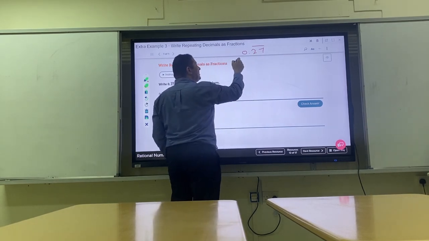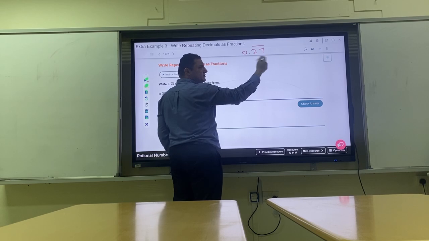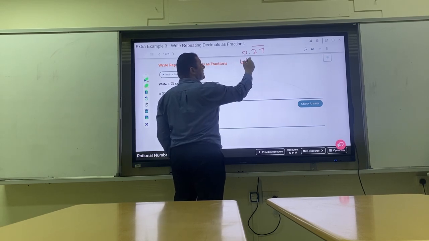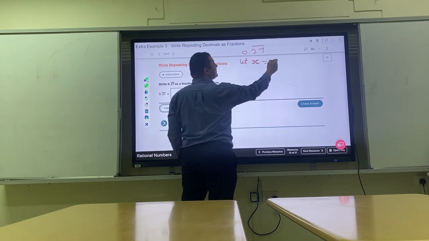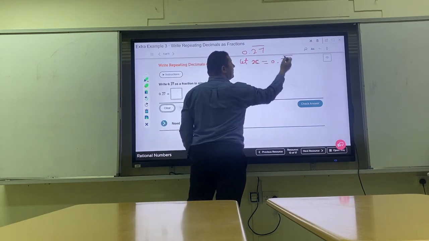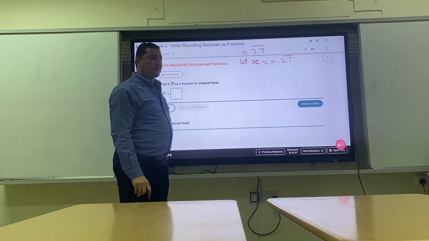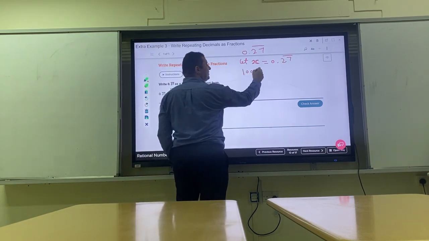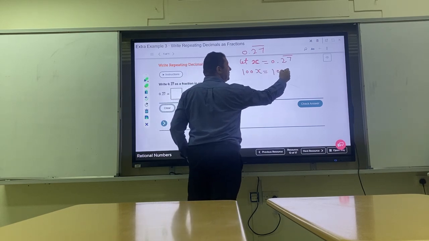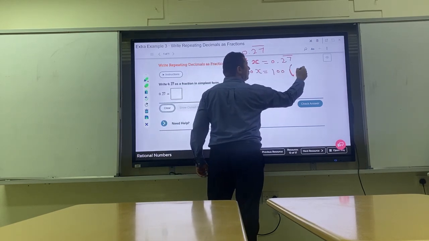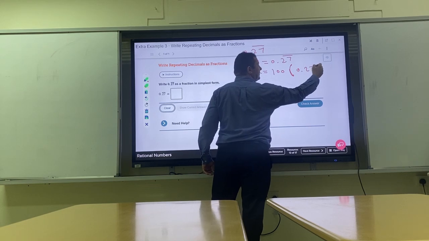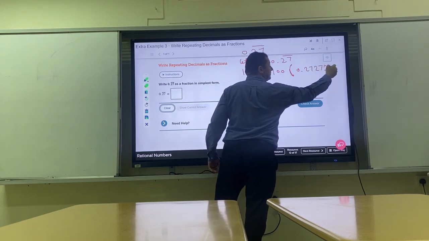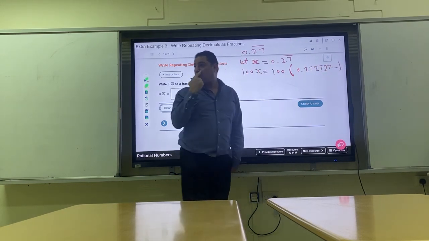First of all, I will let this value equal a certain value. So let x equal 0.27 repeated. And I will multiply x by 100. So 100x is the same as 100 times 0.27 repeated. Am I correct so far?